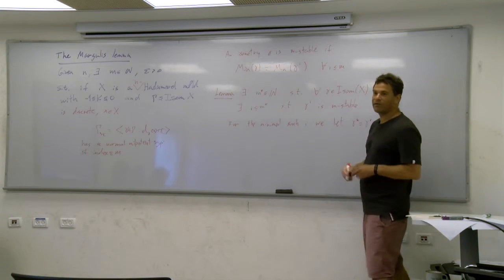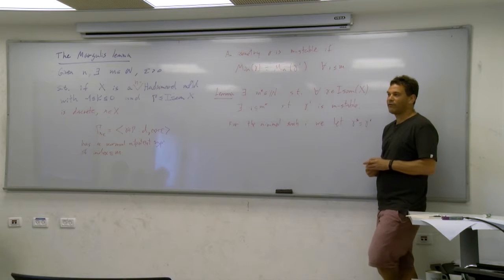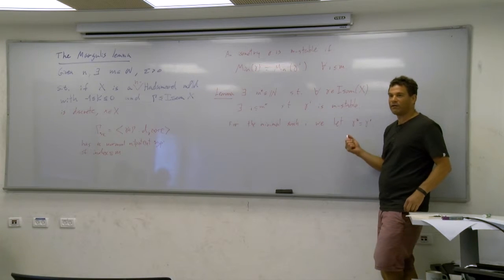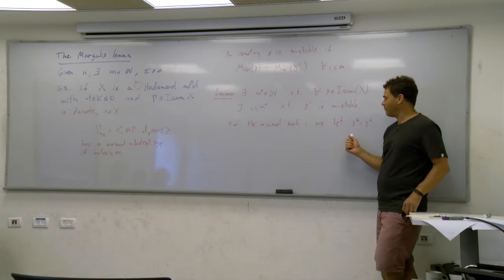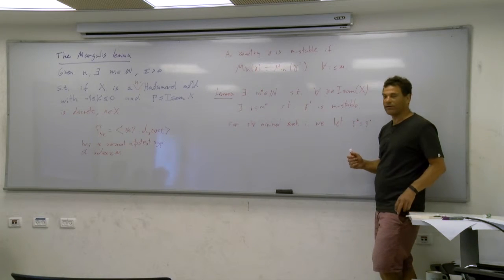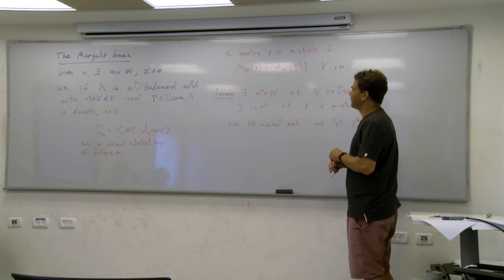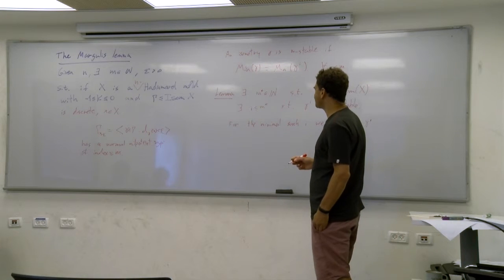So gamma star is a bounded power of gamma, and it's M-stable. So I can replace every element by a bounded power which is M-stable. That's what is given by this lemma.